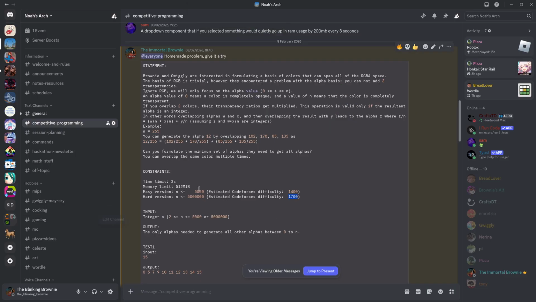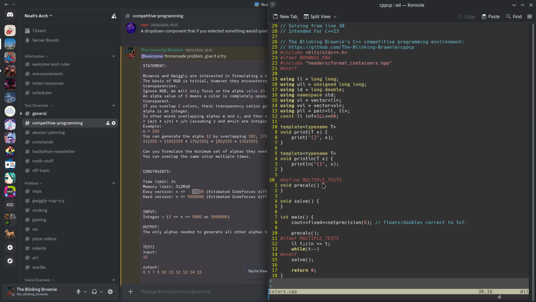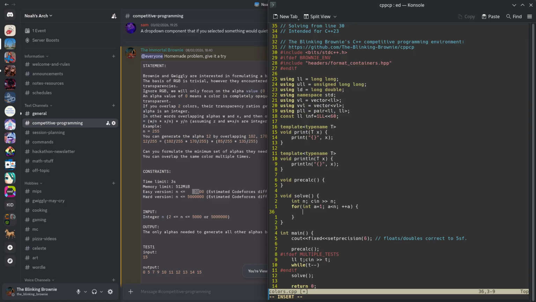So let's just write this simple solution for right now for N equals 5000. Take N as input. Then let's go a from 1, a less than n, plus plus a, and then same with b.